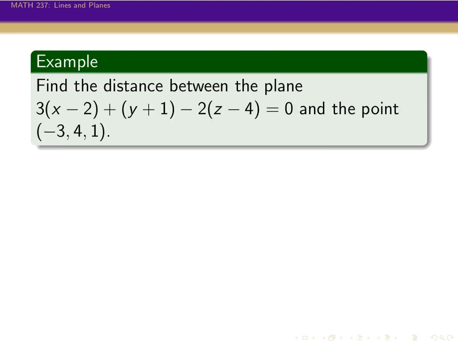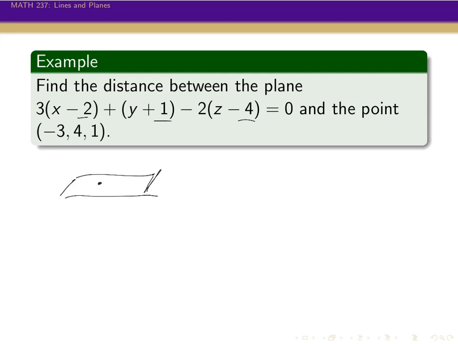Okay, last but not least, in this problem we are given a plane, and then we are given some point. So we have a plane. What do we know about this plane? Well, looking at the equation, reading off what's inside with the x, the y, and the z, I can get a point on the plane.